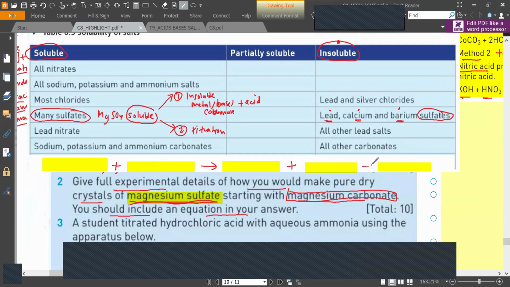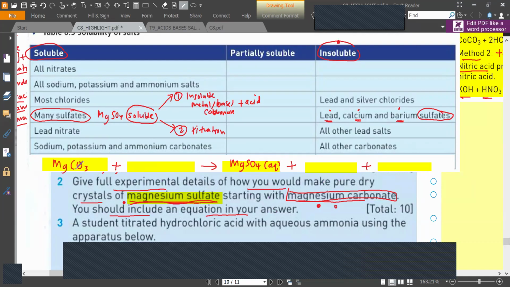Just now we already mentioned we want to produce magnesium sulfate, which is soluble, aqueous. And we are starting with magnesium carbonate.